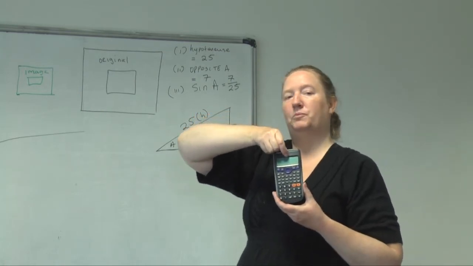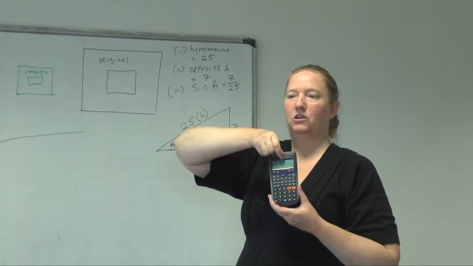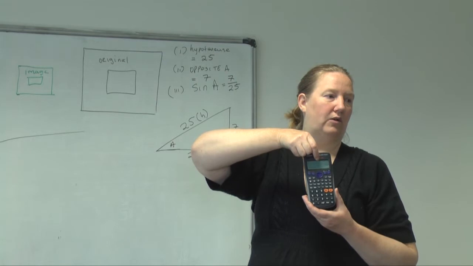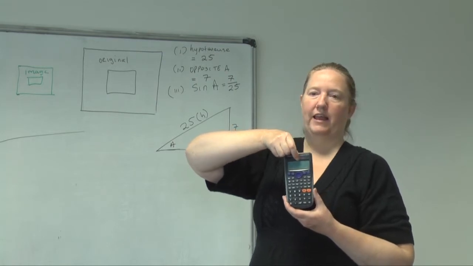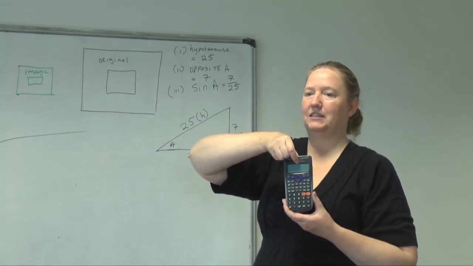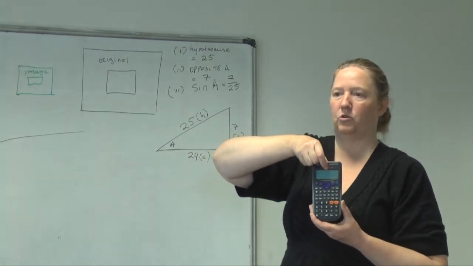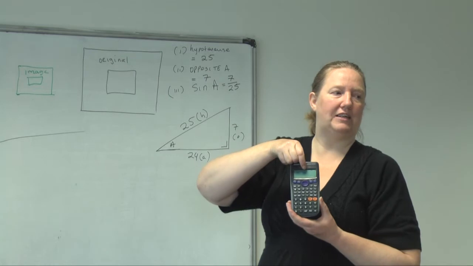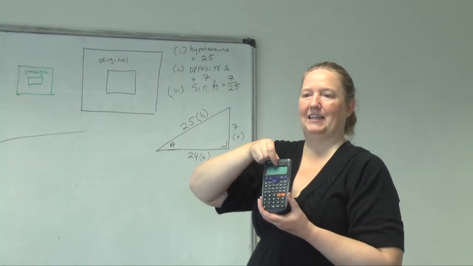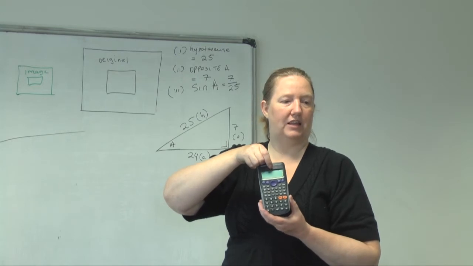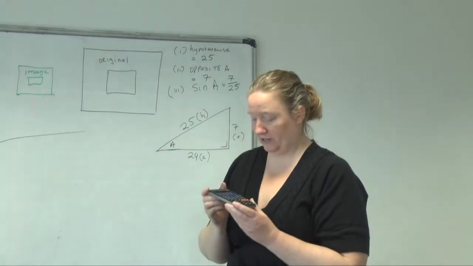The letter will either be D, G, or R. Make sure it's in D. Okay, that's degrees. If it's in G, it's in gradients. That's no good to you. If it's in R, it's in radians, which is also no good to you. You need it in degrees, so make sure D is the little letter up there. And check that before you go into your exam that everything's right on your calculator.